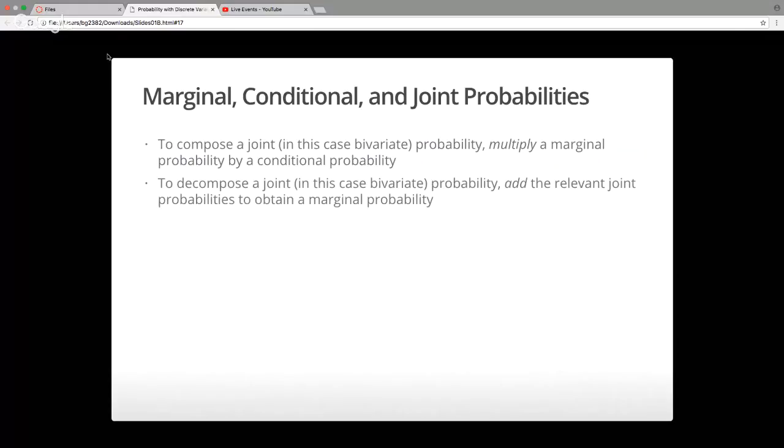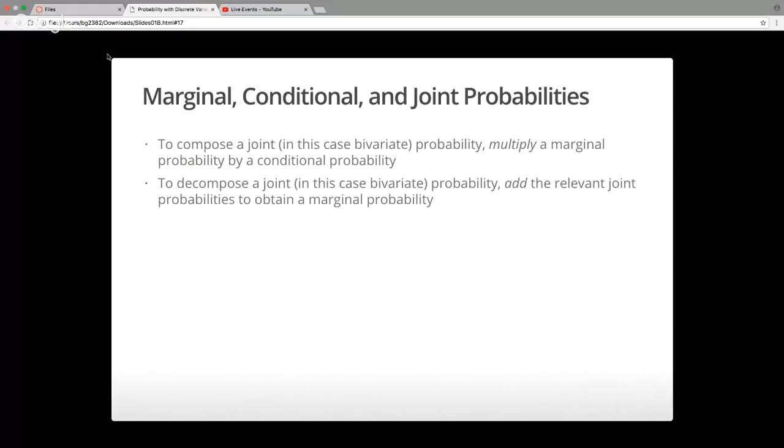To decompose a joint, in this case, bivariate probability, you add the relevant joint probabilities either down the columns or over the rows to obtain a marginal probability. So in the first case, we start with a marginal and conditional, we get a joint.